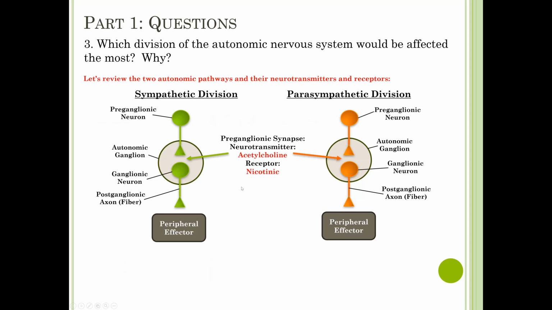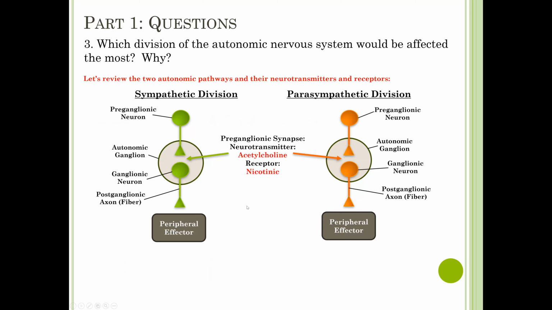So at this first synapse that takes place inside the autonomic ganglion, the neurotransmitter is acetylcholine, and the receptors on the postsynaptic membrane are nicotinic receptors. And this is true for both the sympathetic division and the parasympathetic division.